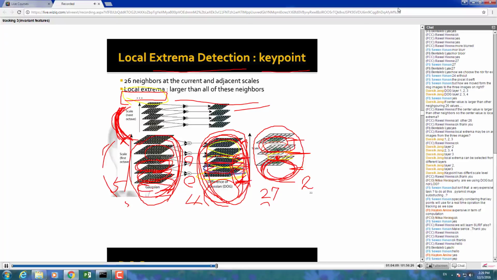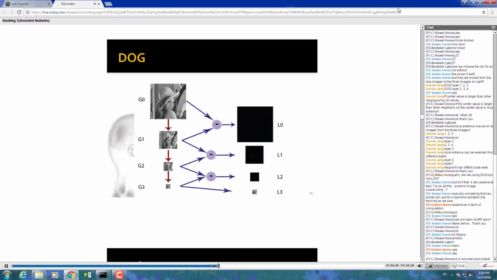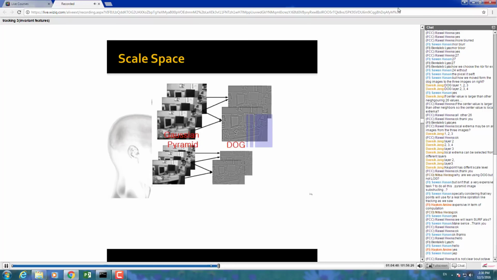So we create one octave of images, then physically resize the image and do the scale space local extrema again based on the resized image. This is called an octave. Theoretically we don't need to do that, but it is a practical process.